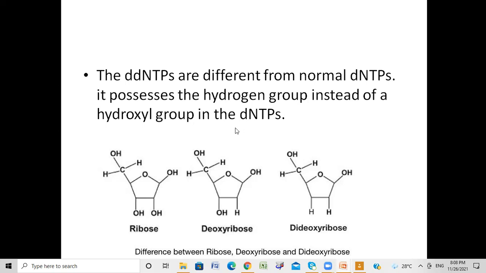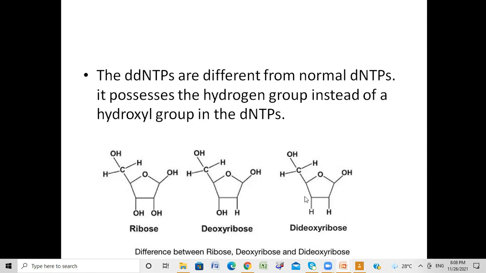That will allow another new nucleotide to come and join. But in case of the dideoxyribose, the OH group is not there to form the phosphodiester bond, so the further chain elongation is stopped. So we call this method the chain termination method.